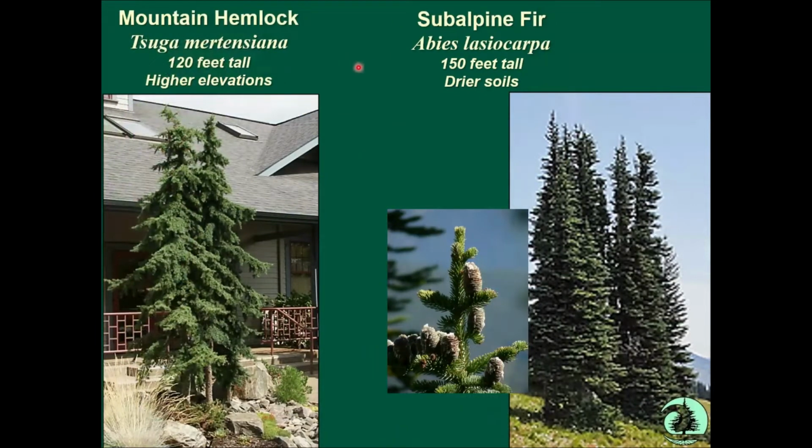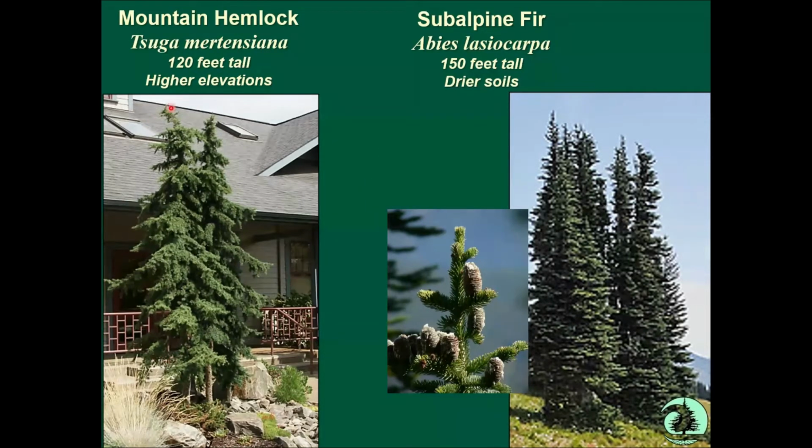Other great conifers, we have the mountain hemlock over here, Tsuga mertensiana. It can get up to 120 feet tall, higher elevations, and same here with the subalpine fir. It can get up to 150 feet tall, and it can handle higher elevations. Both of these trees also can be planted at lower elevations. They can handle heavy snowpack, and they're just all around great trees.